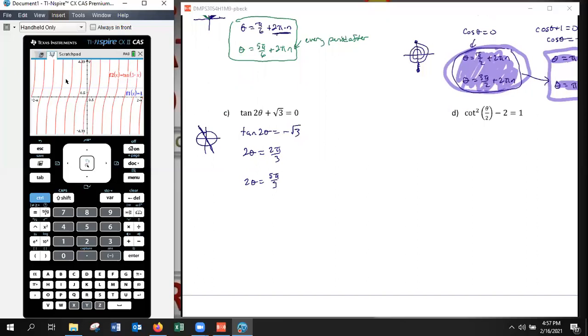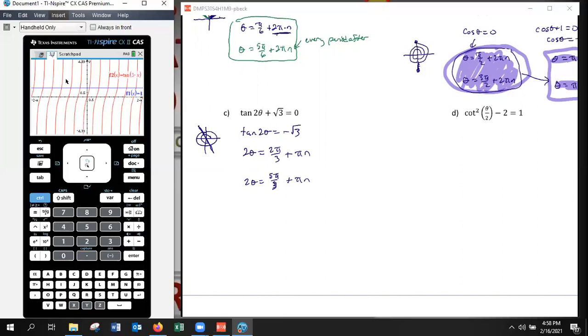Now, one of the things about tangent is its period is pi, so it tends to be very geometric already. So rather than doing this, we can just, I guess I haven't finished this, and then every period thereafter.